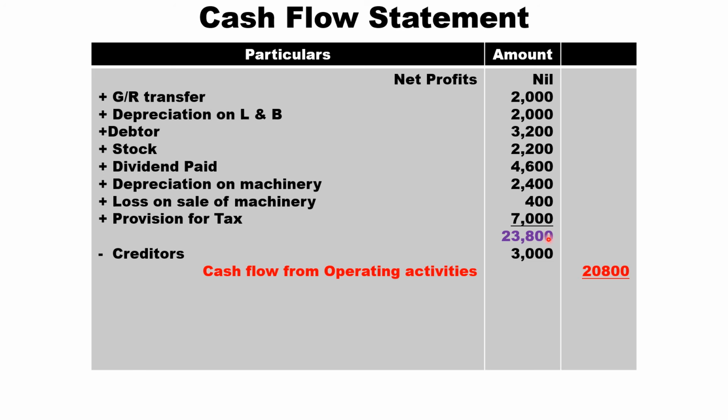So we get 23,800 total add items, less creditors decrease 3,000. So you get plus 20,800, which indicates cash flow from operating activity.